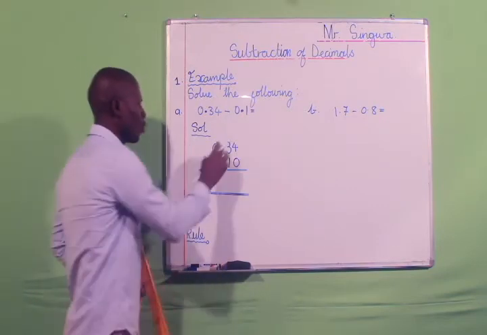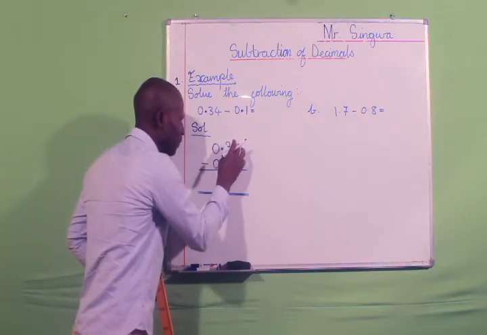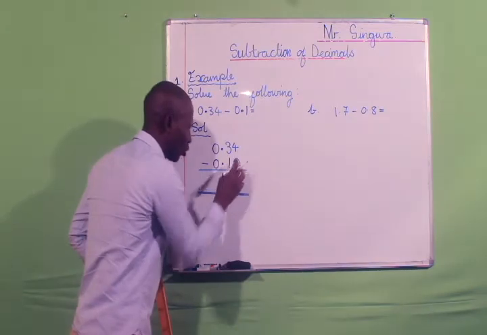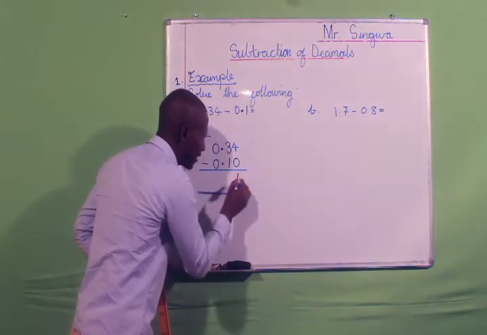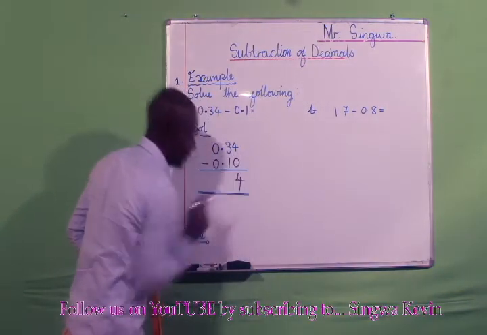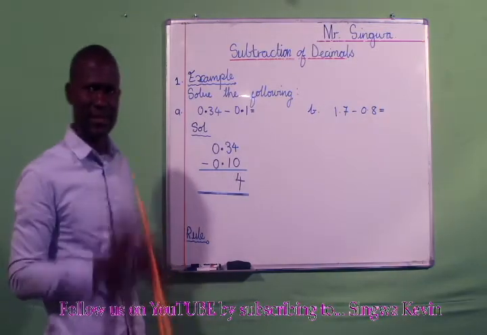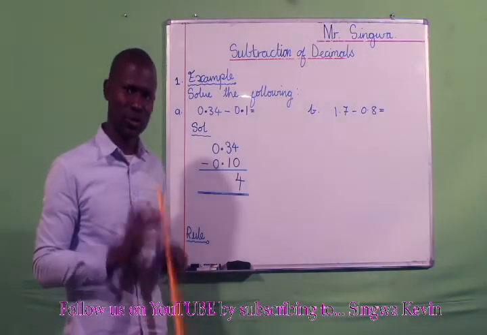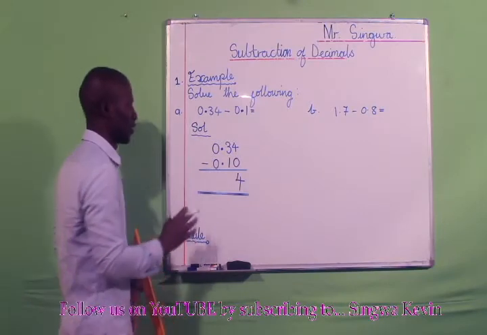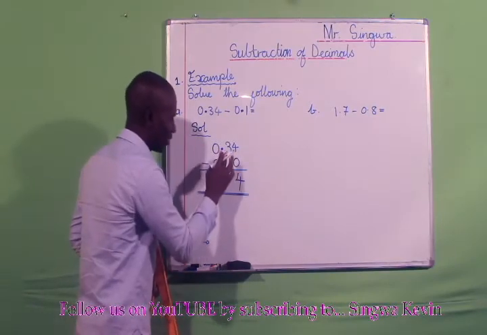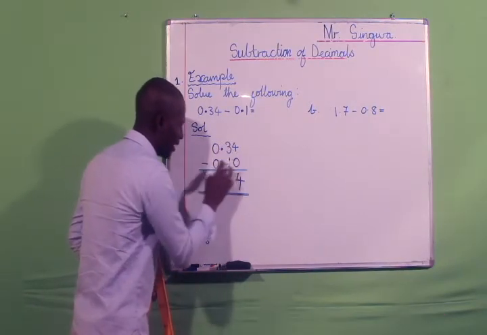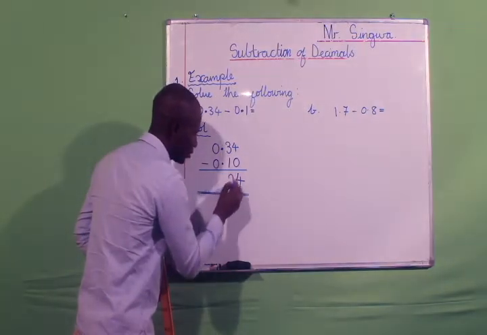Look here. When you subtract 0 from 4, or 4 minus 0, it will still stand as 4. Following this line, that is what we expect you to know. That is what we expect you to have an idea of. 3 minus 1 is going to be 2.